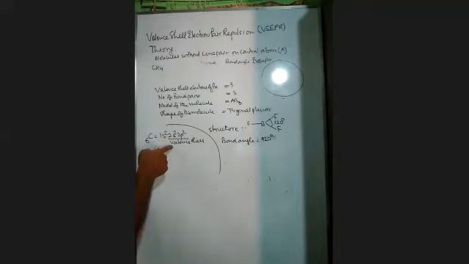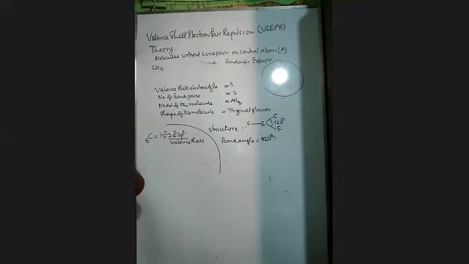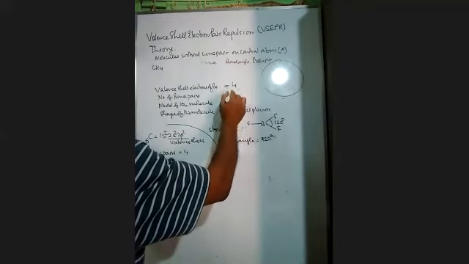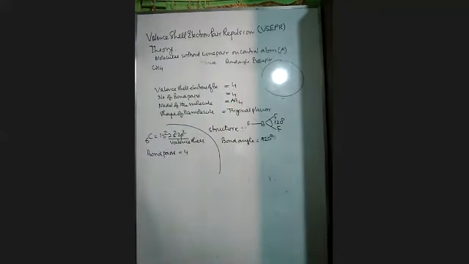Carbon gives 1 electron to each of the 4 hydrogens. So there will be 4 bond pairs.